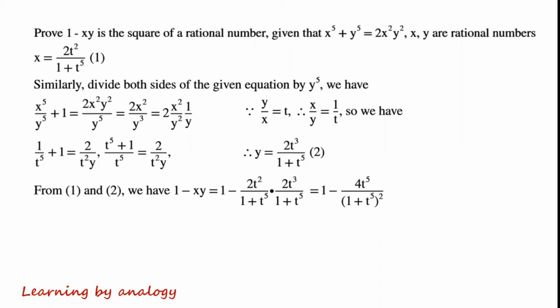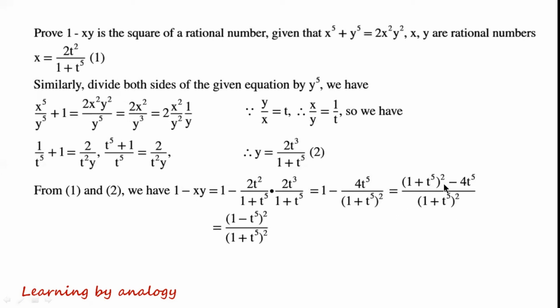We can write this as one term by writing 1 plus t to the power of 5 all squared minus 4t to the power of 5 over 1 plus t to the power of 5 all squared.